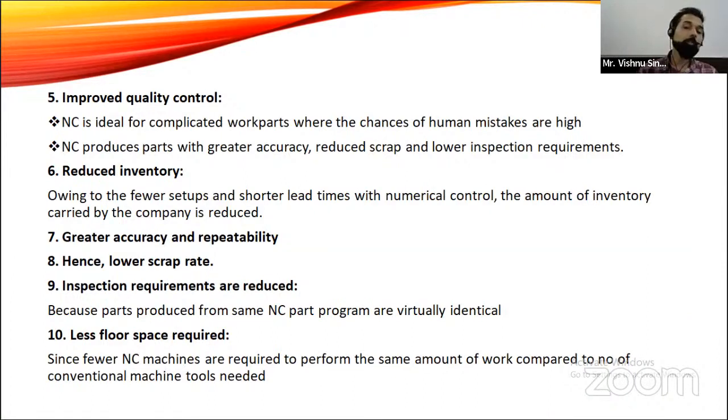Because with the help of a single machine, we are able to perform different operations on the workpiece. In the earlier setup, we had different machines: lathe machines, milling machine, and drilling machine. Nowadays there is no need for that. A single CNC machine is capable of performing all the operations on the workpiece. So obviously, with the help of this, my floor space will be reduced.